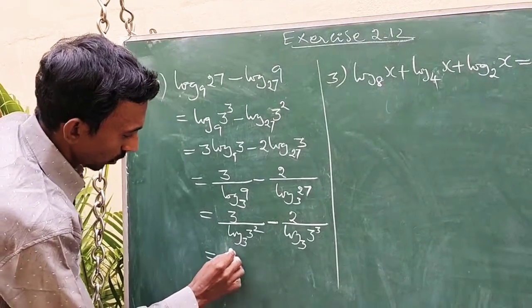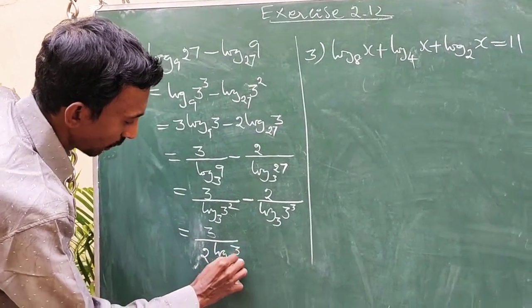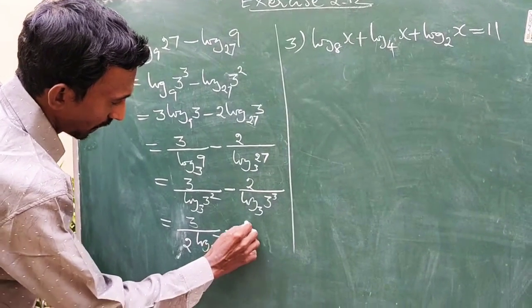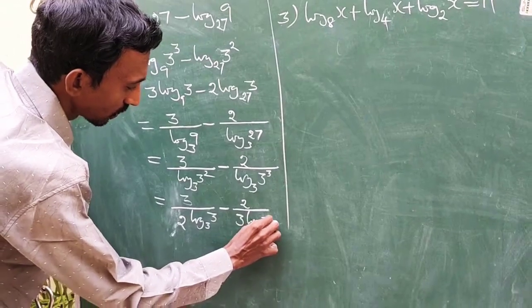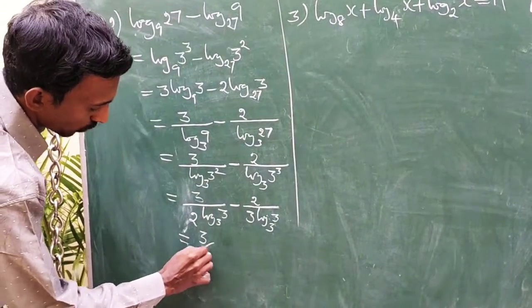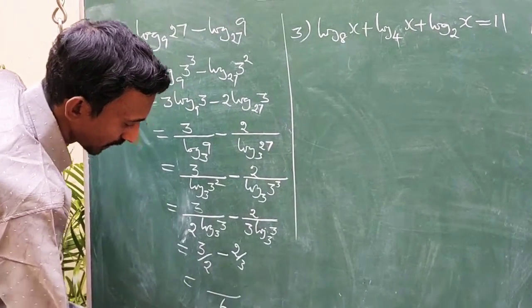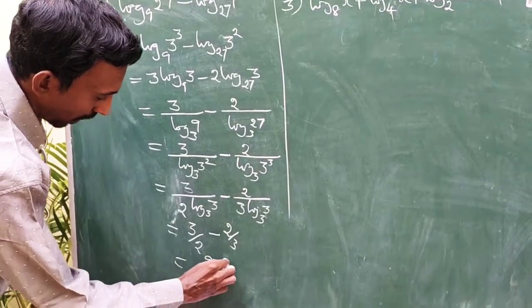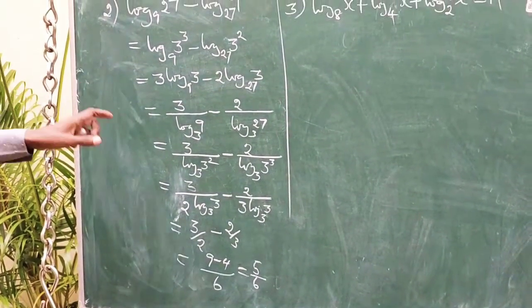So 3 by 2 into log 3 base 3 minus 2 by 3 into log 3 base 3. So it becomes 1. So 3 by 2 minus 2 by 3, take the LCM as 6. So 9 minus 4, 5 by 6. So that is the answer.